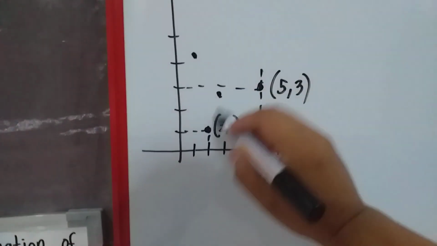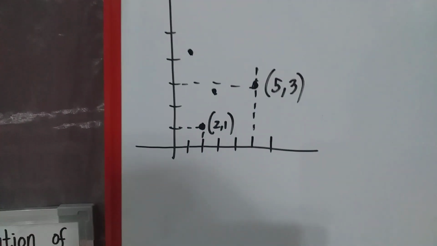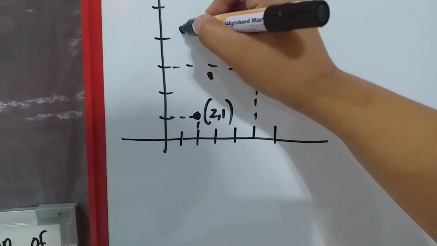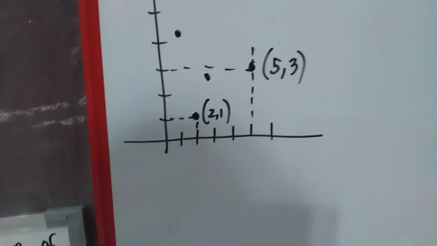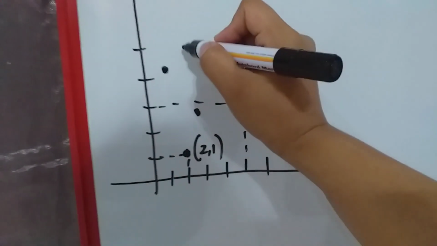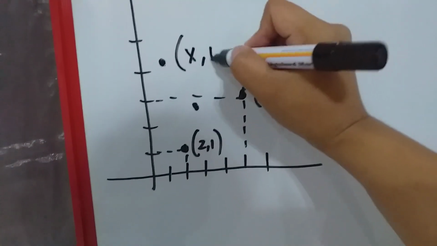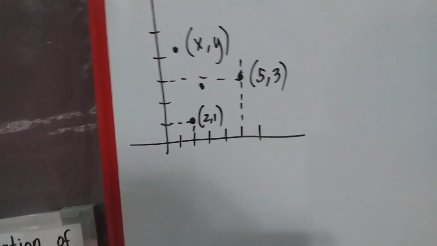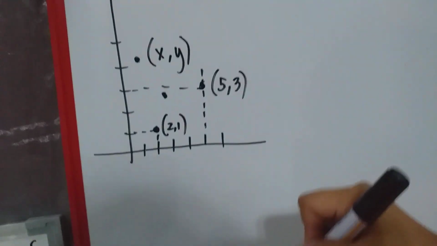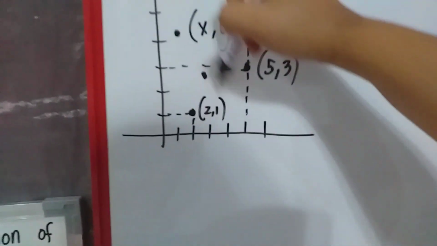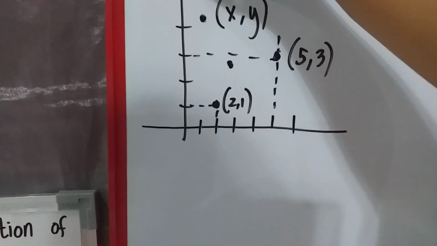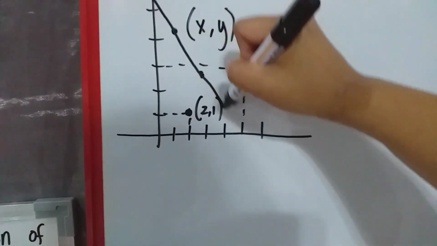So this point is equidistant to the 2 points. Since we don't know yet the coordinates of this point, we'll just assume that this is (x, y). If we draw the locus of these points, we'll have a line.